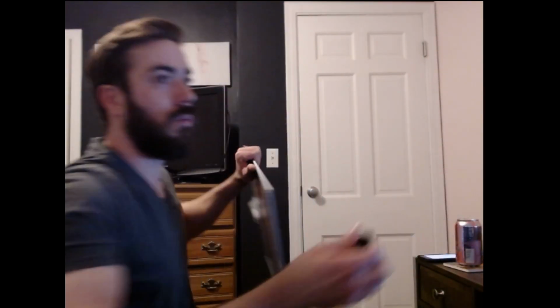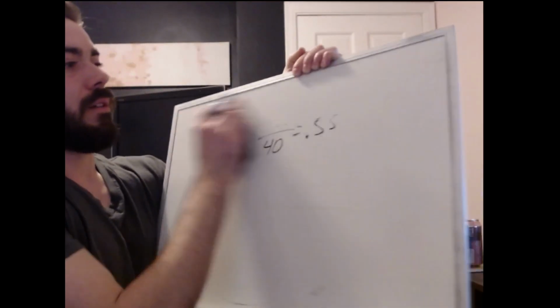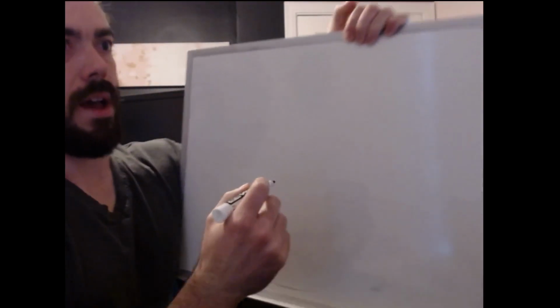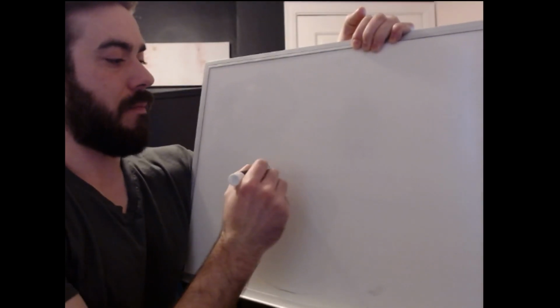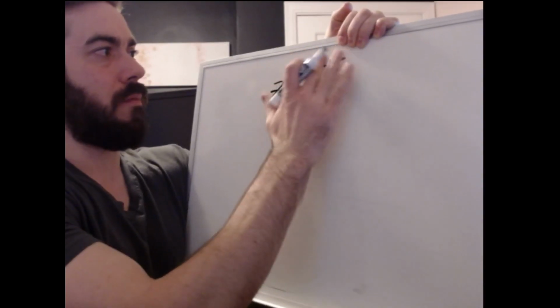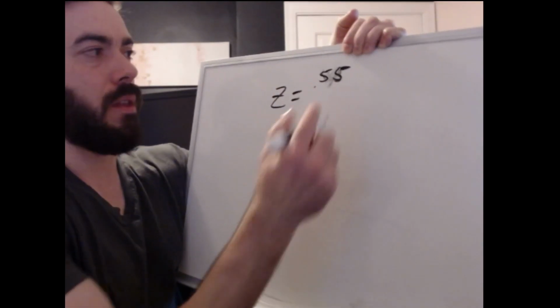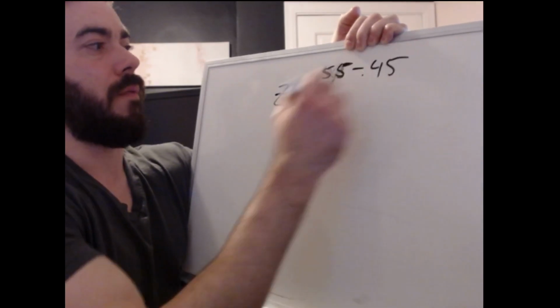I'm going to draw this one out. All right, so 0.55 was the sample proportion found. We assumed it was 0.45.